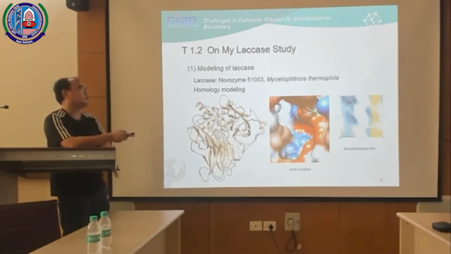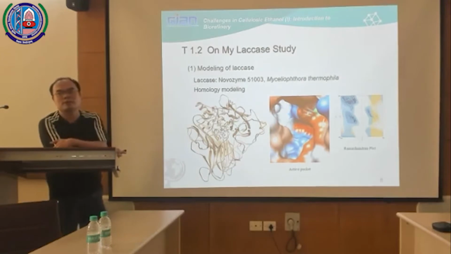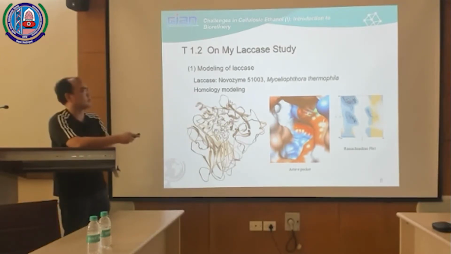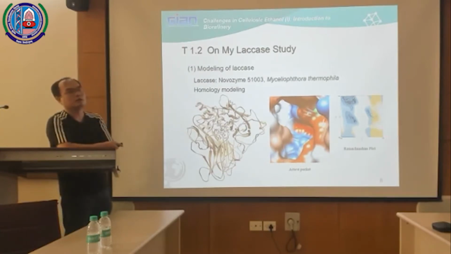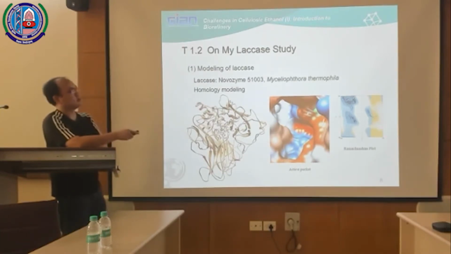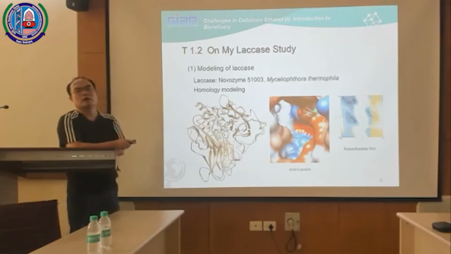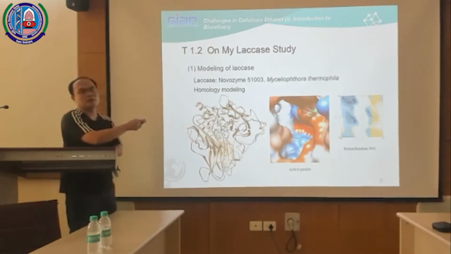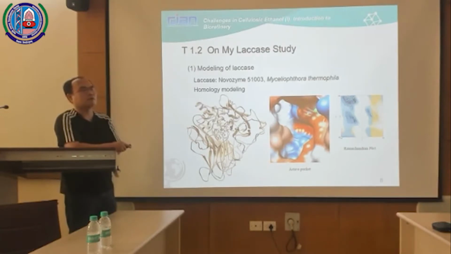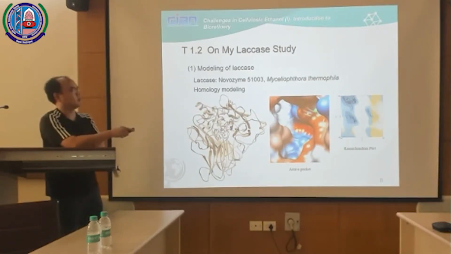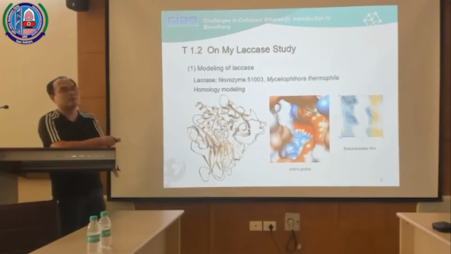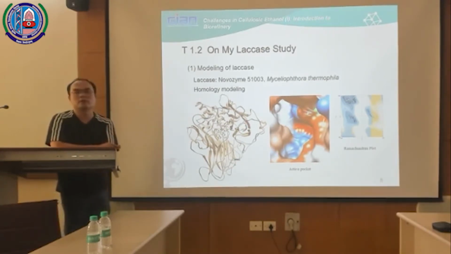It is for production of this laccase, the gene expressed in Aspergillus. So it is Aspergillus expressed, but the gene is from this one. And we can get the gene sequence, the DNA sequence of the laccase, from the NCBI database. But I looked up the published patent online.